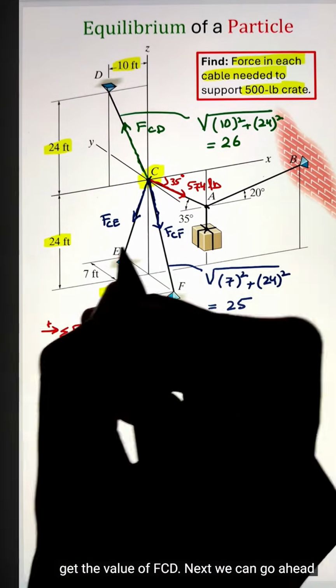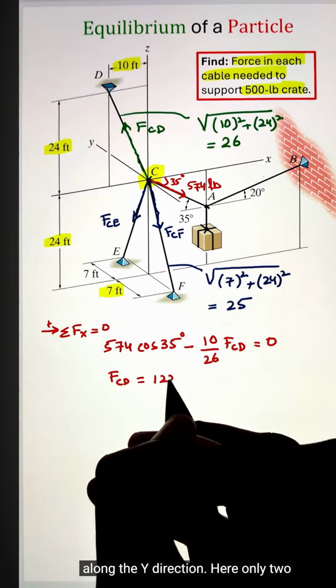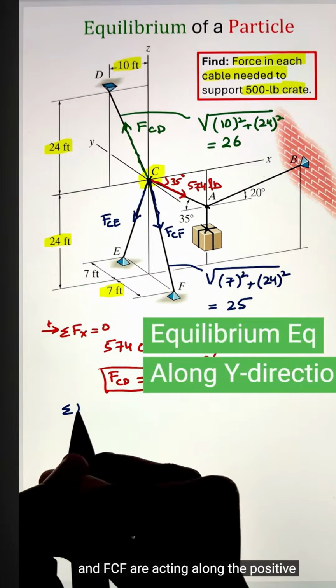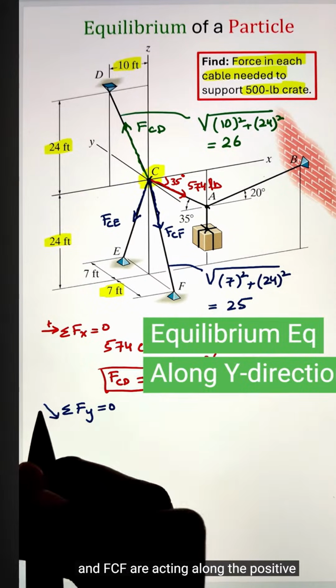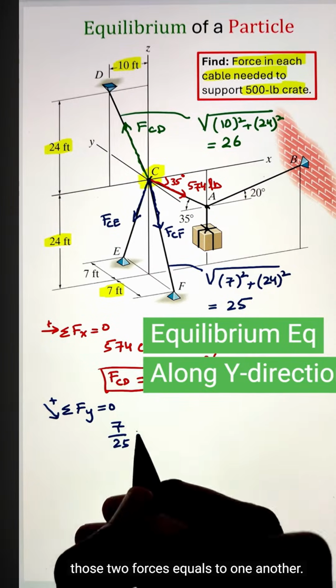Simplifying, we get the value of FCD. Next, we can apply the equilibrium condition along the y direction. Here, only two components of the forces FCE and FCF are acting along the positive and negative y direction. That makes those two forces equal to one another.